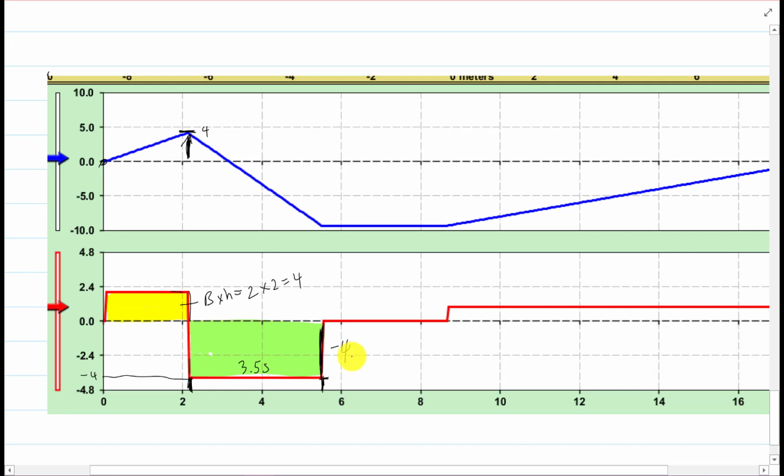So this area is equal to base times height, and the base is 3.5, and the height is -4, so this is going to be -14. If I start from 4 and I go down 14, I get pretty close to -10. See that? The change is there.